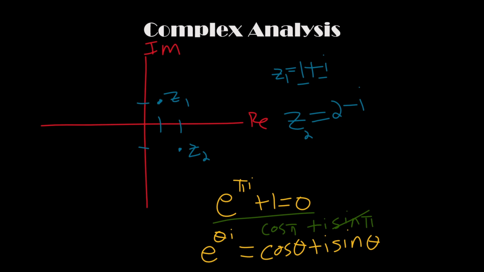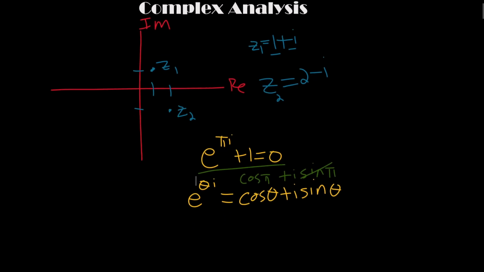But the main reason I'm bringing this up isn't to say, oh yeah, that's cool. It's actually so we can express points in the complex plane like this. You might have to trust me a little bit here, but just consider some r, where r is just a real number, times e to the theta i right here. If we expand it out into real and imaginary parts, it's r cosine theta plus i r sine theta.